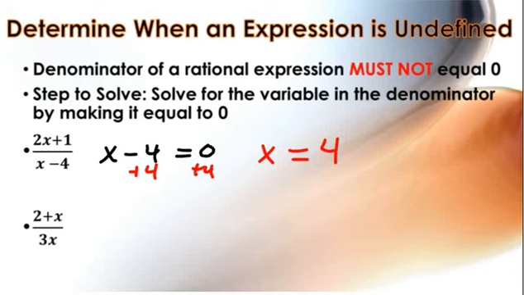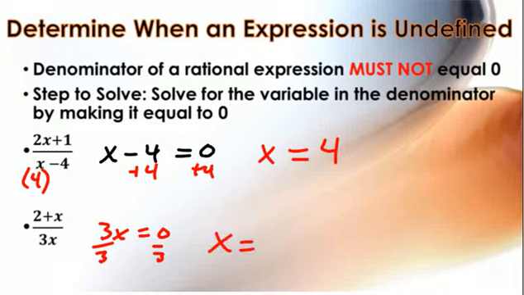I could just check it, put 4 in for x. 4 minus 4 is 0. That expression would be undefined. The last one here, we got 3x equaling 0. Divide by 3 on both sides. When x is 0, the whole expression is undefined.